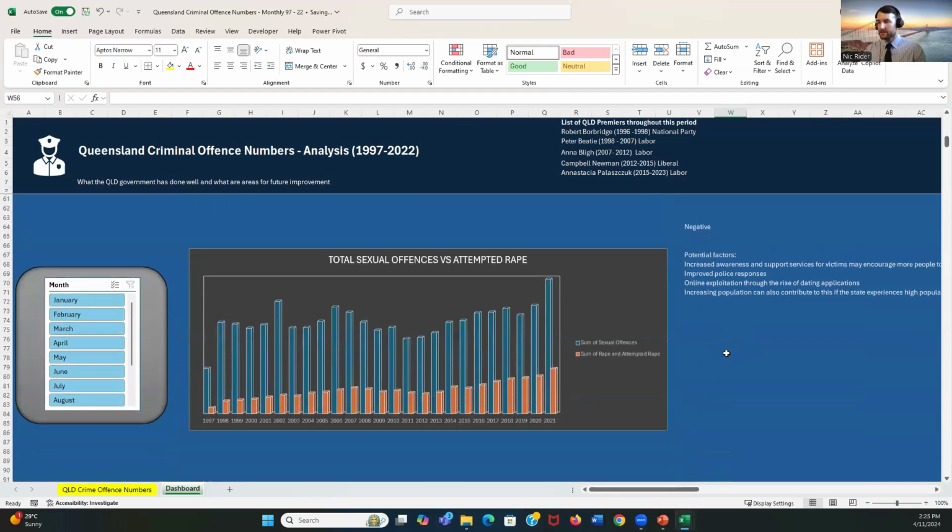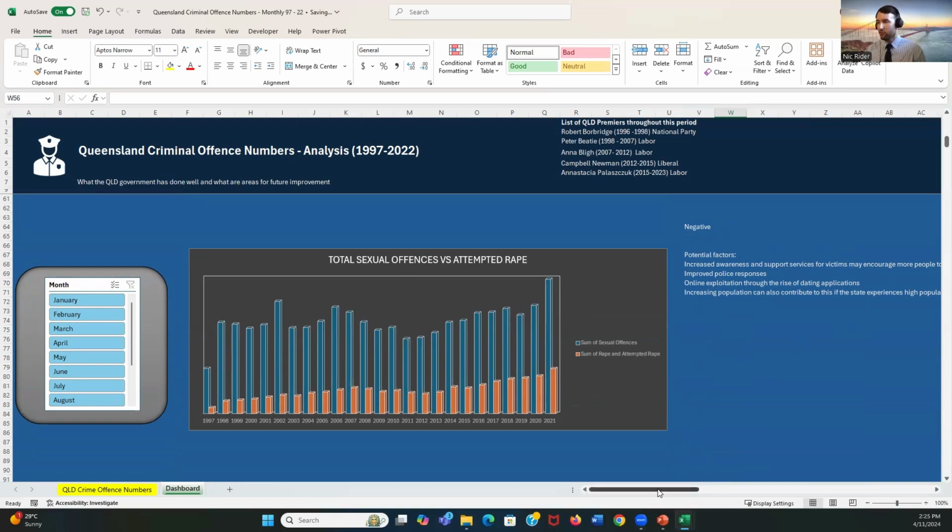Okay, so now we're coming down to total sexual offences versus attempted rape. So we can see here that this is still very much an issue. It's really negative, having a negative impact on the Queensland economy.